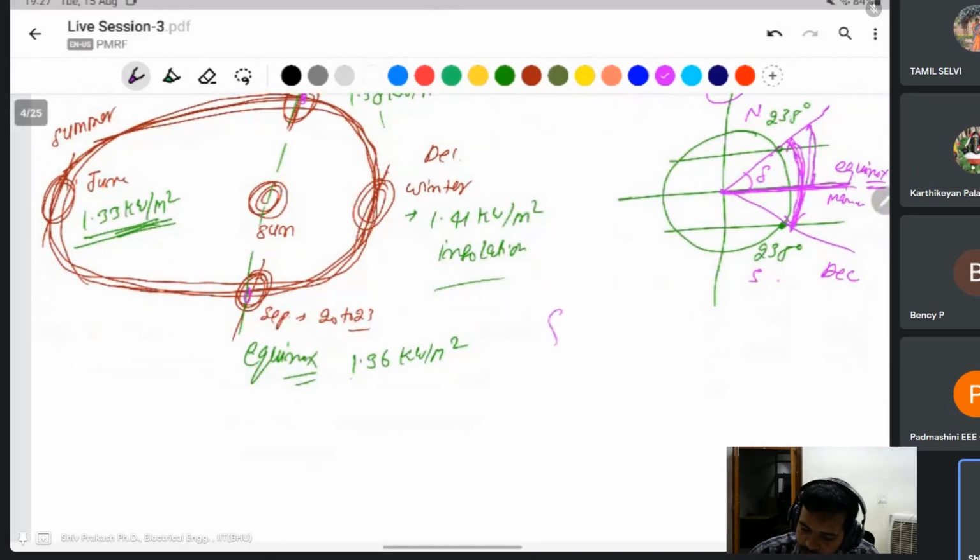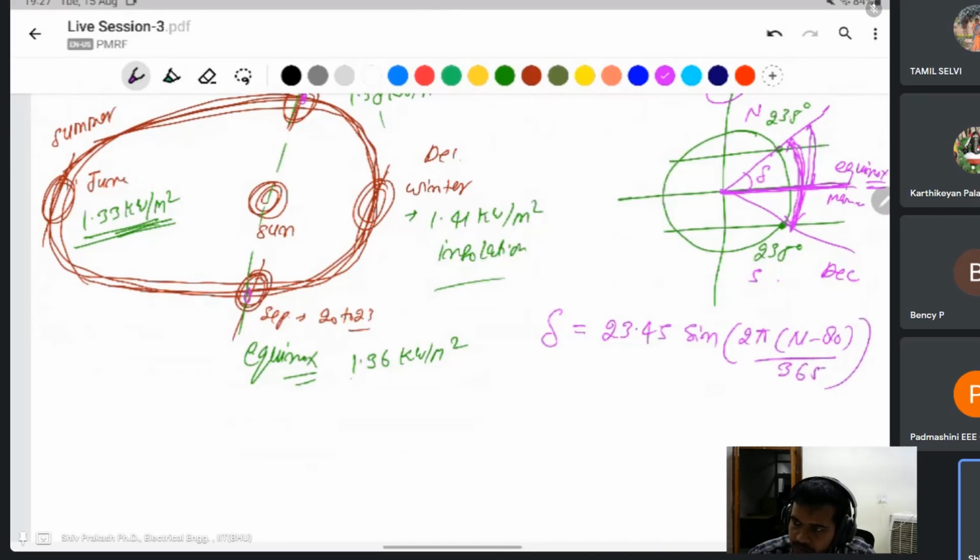This is the way we define the declination angle: 23.45 degrees into sine of 2 pi times (n minus 80) divided by 365, where n is the number of the day.